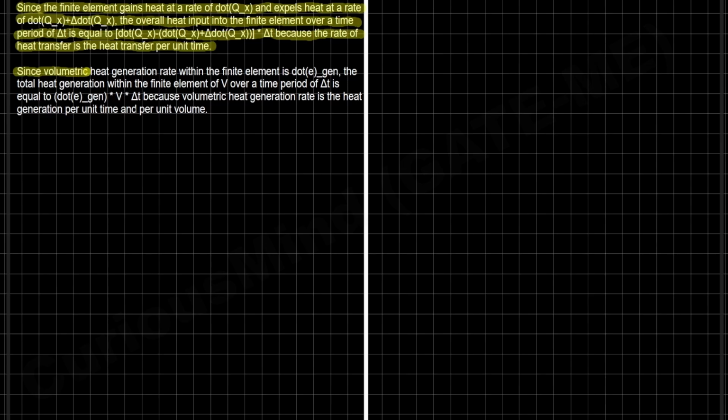since volumetric heat generation rate within the finite element is Ė_gen, the total heat generation within the finite element of volume V over a time period of Δt is equal to this expression, because volumetric heat generation rate is the heat generation per unit time and per unit volume.